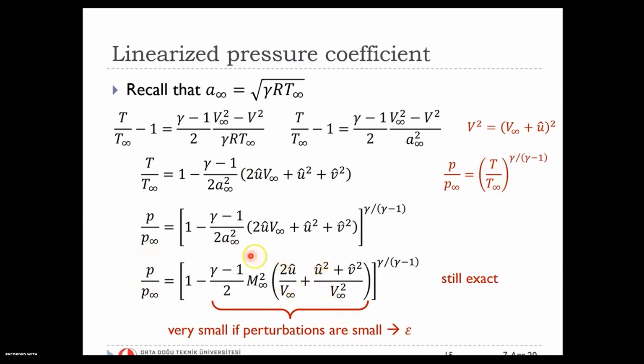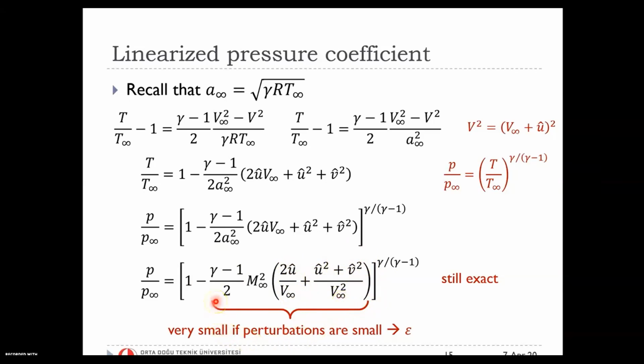Now we have these terms in brackets, and as you can already see, we have u hat over V infinity, which is rather small because of the assumption of small perturbation velocities, and we have u hat square plus v hat square divided by V infinity square. That's even smaller than the first term because you have the squares of the perturbation velocities.